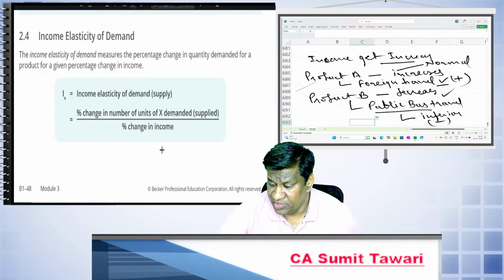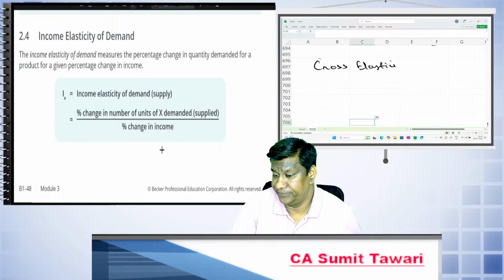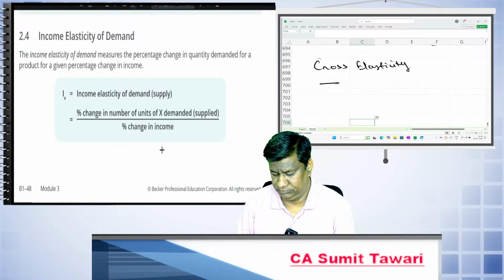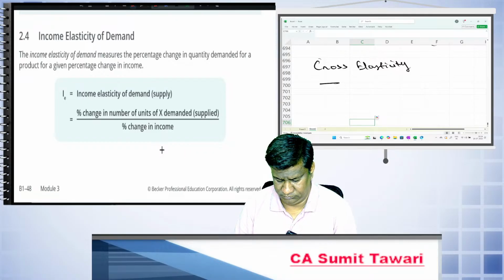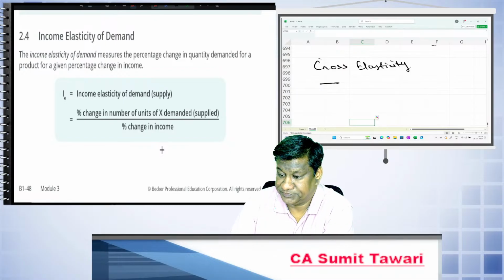So in cross elasticity, what are you going to find? Why are we calculating the cross elasticity? Any guess? To check the inflation or deflation of the complementary products. Complementary and substitute.